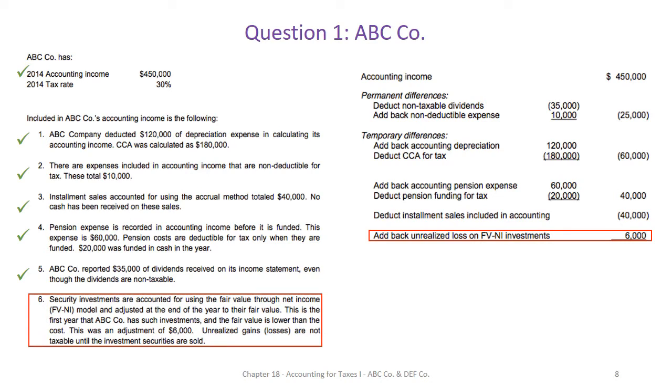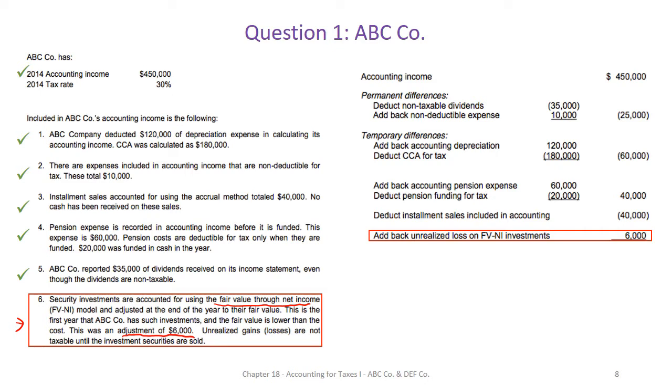And now the last item in our reconciliation is item 6. This has to do with some security investments that were accounted for using fair value through net income and adjusted at the end of the year to fair value. Basically, the adjustment that we have here for $6,000 is not taxable. Investments are taxable in different ways, and the calculation for how they are taxed is a little more complex.